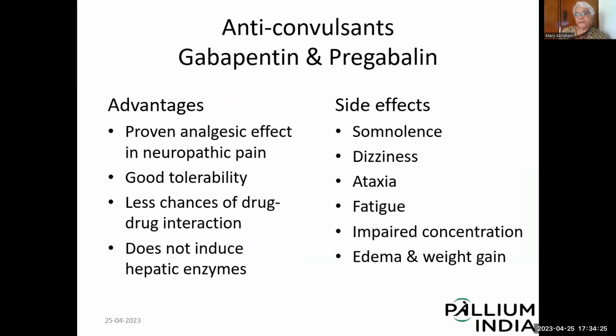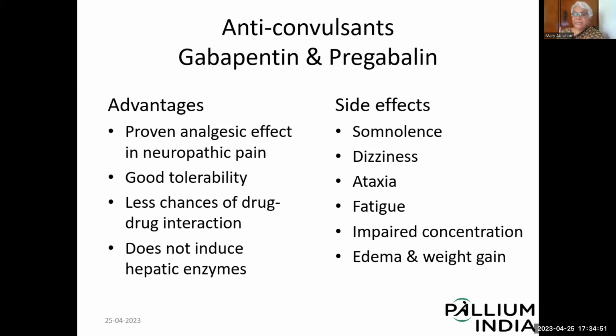So the two commonly used drugs are gabapentin and pregabalin. They have a proven effect in neuropathic pain, are well tolerated, with less chance of drug reaction. But the side effects should be remembered, and this should be told to the patient: somnolence, dizziness, ataxia, fatigue, impaired concentration, weight gain. Last week I told a patient that I'm going to start her on pregabalin.